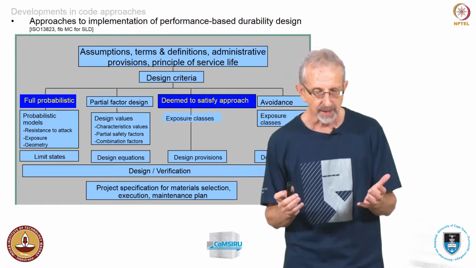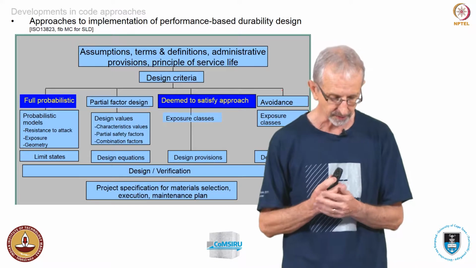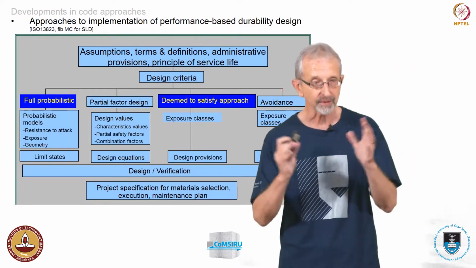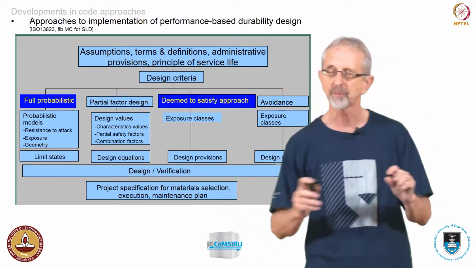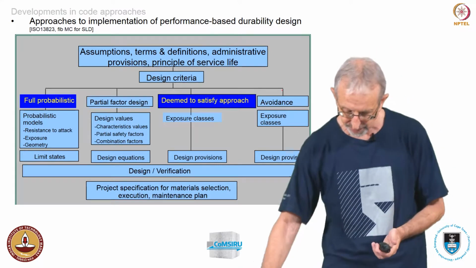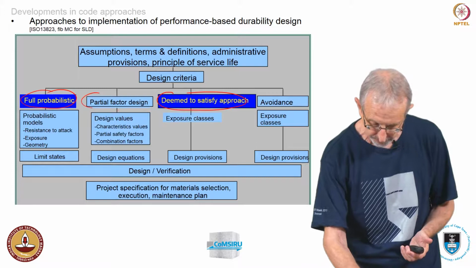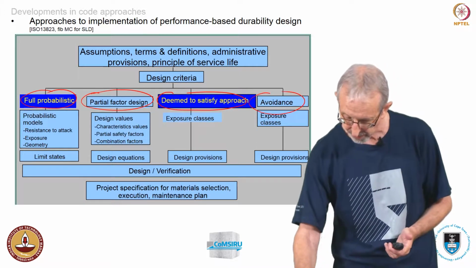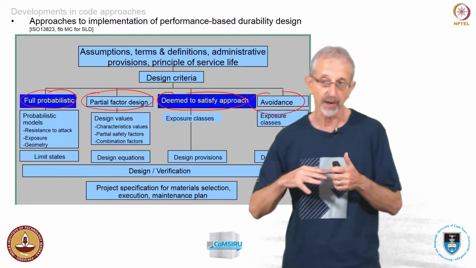And there are different frameworks here. This is the framework that the FIB uses. It comes from the model code for service life design. They're working on this. There's a new code coming out in a few years. And here you can see that they have a number of different approaches to tackle this problem at the code level. In fact, there is the deemed to satisfy approach, which is still there, but there's the full probabilistic approach, there's the partial factor design, and sometimes if we have a real problem with deterioration of concrete, maybe we should just try and avoid it.